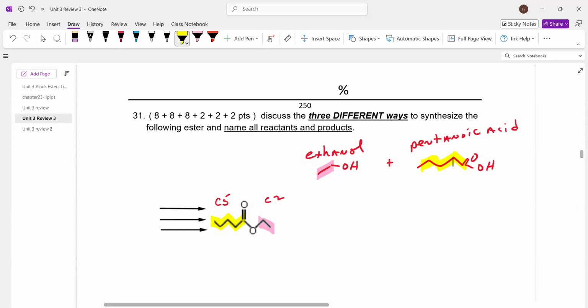Okay, so that would be the least yield. The most yield would give us the same alcohol, and instead of the acid, we would use the acid chloride.